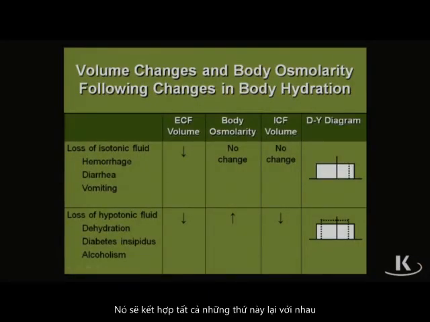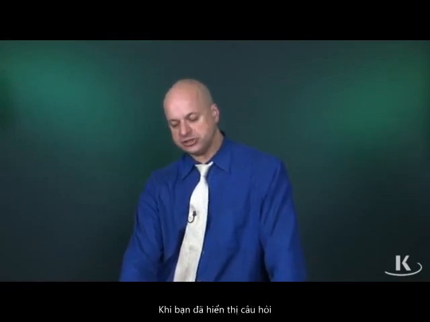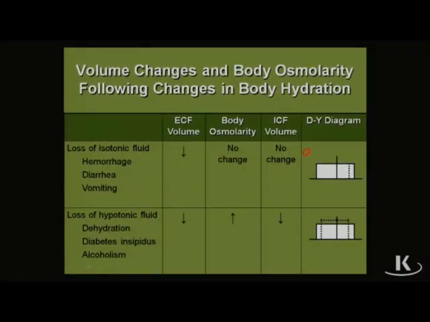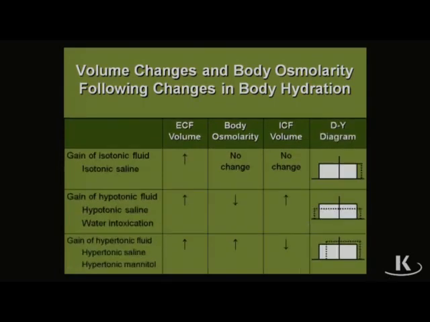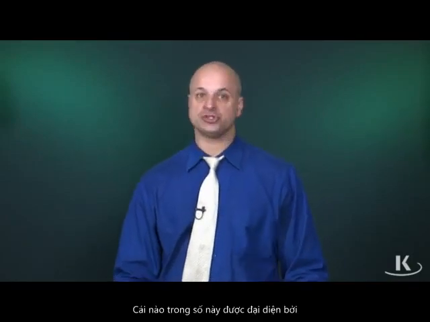Okay, now let's summarize the whole thing. This table puts all these things together. In actuality, this table says the same things that we said before. And when you are shown the question, you notice choices A, B, C, D, E, F. It could say, which of these is represented by loss of free water?